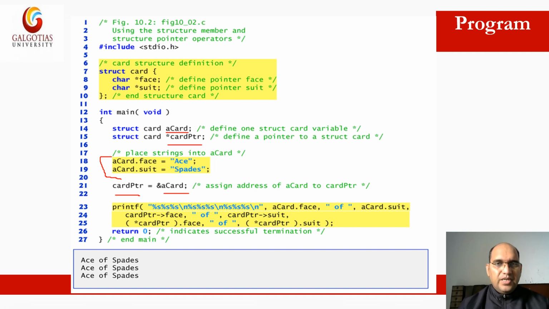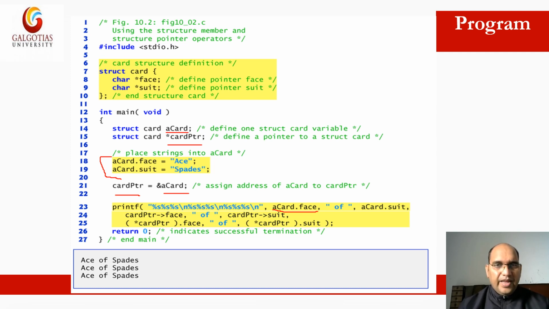So in the first percent s, what value will go? The value stored in a card dot face. So a card dot face, the value is ace, right? So ace will be printed as it is, then the second word, of, will be printed, and the third one is a card dot suit. So a card dot suit, the value is spades, so spades will be printed, right?